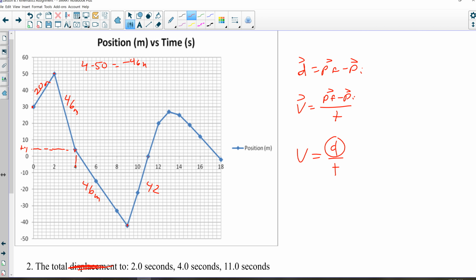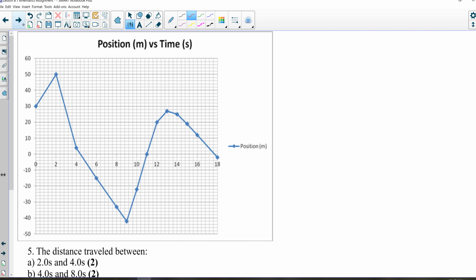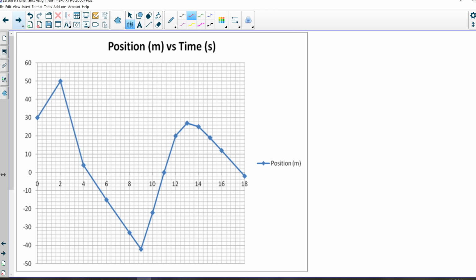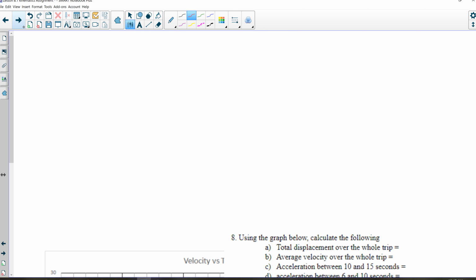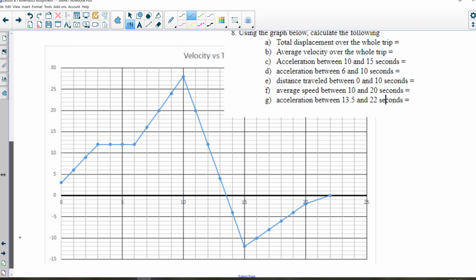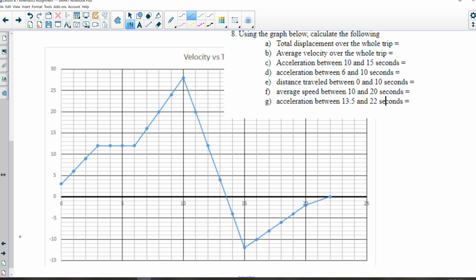All right, let's talk about the velocity versus time graph. All right, so I've got this velocity versus time graph. Now, quick review. What can I read directly off this graph without doing anything but look at it?